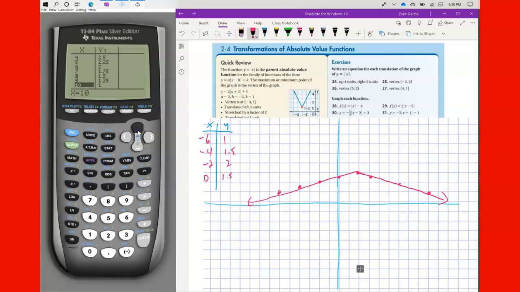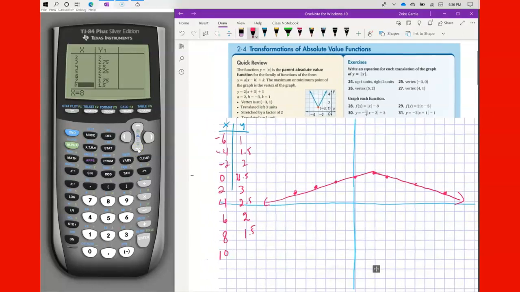Make sure you do the table. And 0 is 2.5. 2 is 3. 4 is 2.5. 6 is 2. 8 is 1.5.